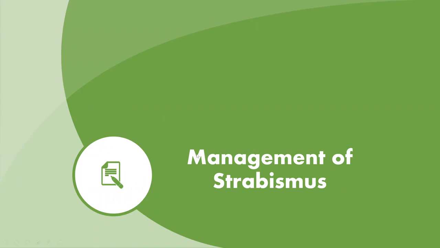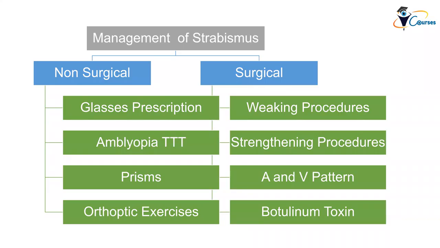So what are the lines of management of strabismus? The strabismus can be managed according to different modalities depending on the etiology and depending on the age and the cause. So it will be in the form of non-surgical modalities and surgical modalities. The non-surgical will be the glasses prescription, the amblyopia treatment, the prisms, and the orthoptic exercises.